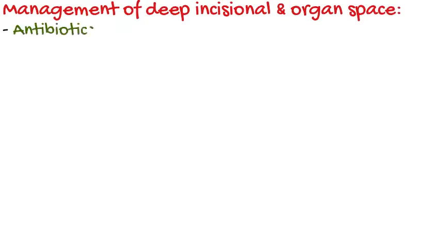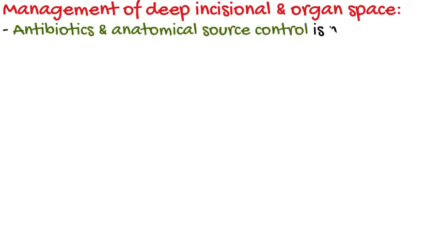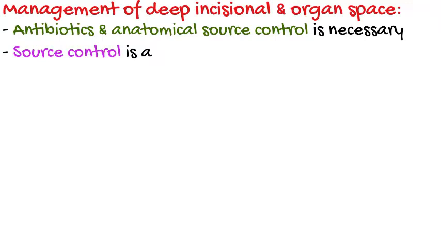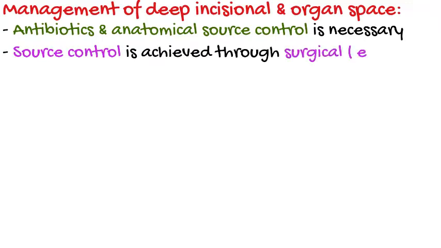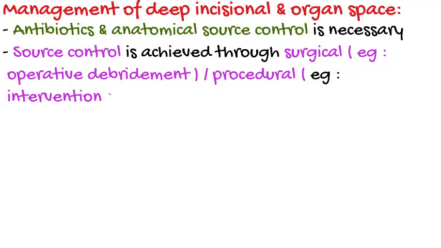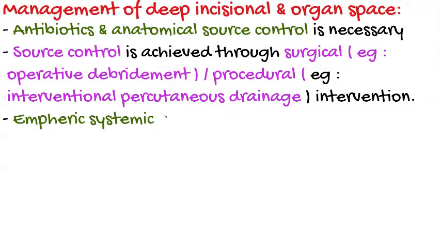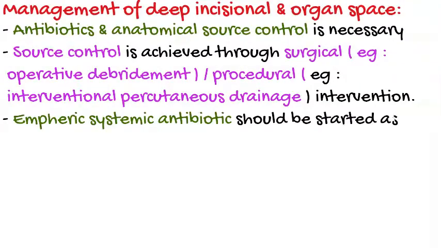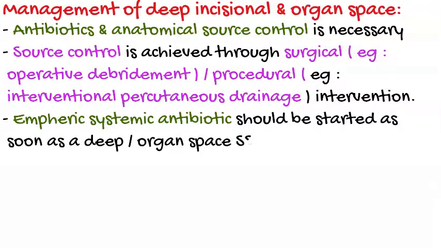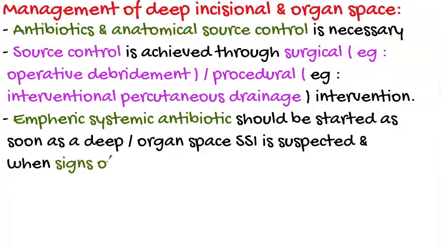Management of deep incisional and organ space infection. In order to effectively treat a surgical site infection, antibiotics and anatomical source control are necessary. Source control is achieved through surgical means, for example operative debridement, or procedural means, for example percutaneous drainage intervention.